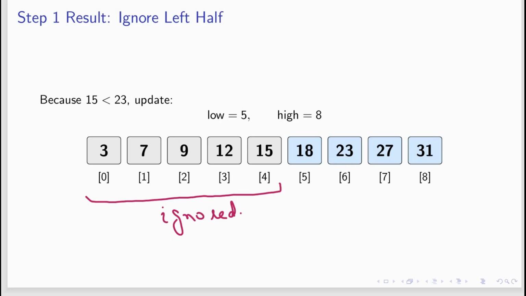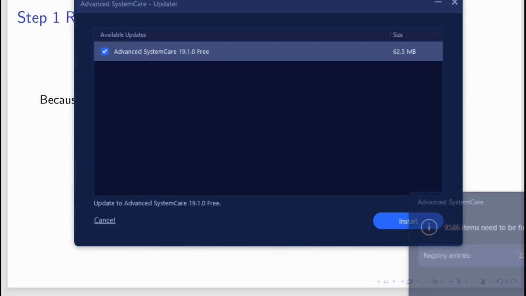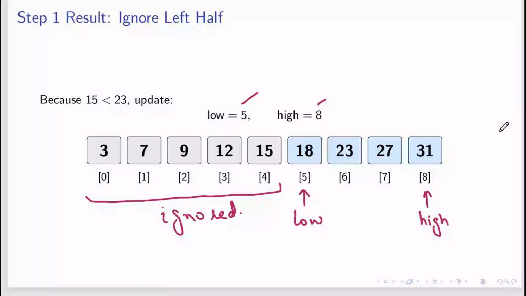Now low will lie on index number 5 and high is still on index number 8. Low is on 5 and high is on 31. 31 means the element is 31 but the index is 8.